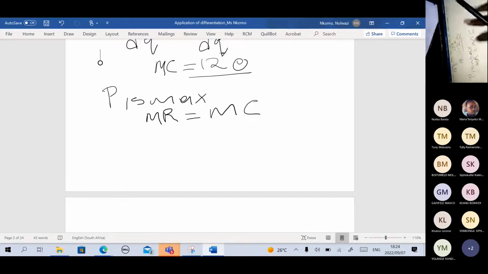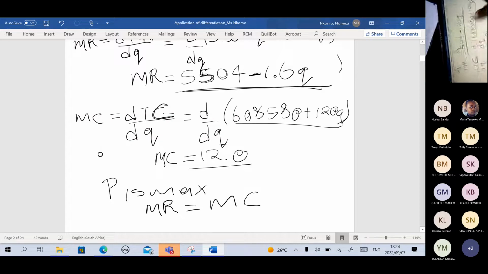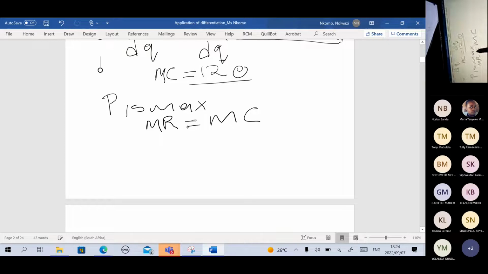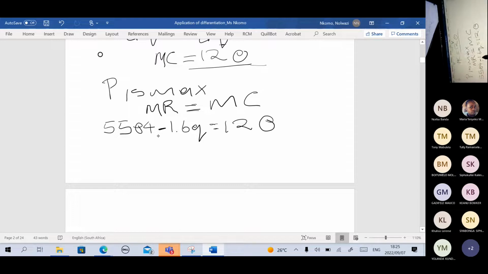Where there is marginal revenue, we substitute 5,504 minus 1.6Q, and where there is marginal cost, we substitute 120. So now we have 5,504 minus 1.6Q equal to 120. Remember, our aim is to find P and Q, the price and the quantity.